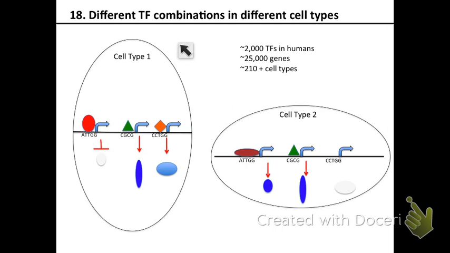This figure is not depicting combinatorial control. It's just depicting a very simple situation. If there was one transcription factor controlling one gene, to repress or activate that gene, you would create different cell types because you're going to have different amounts of the functional products. Okay, and so that's the basis of it.